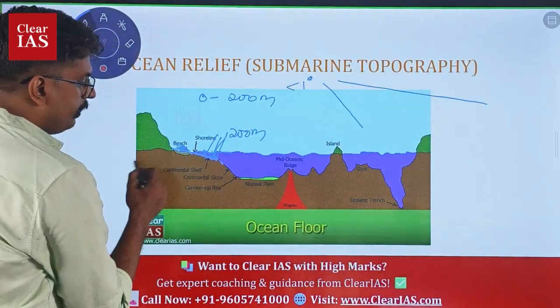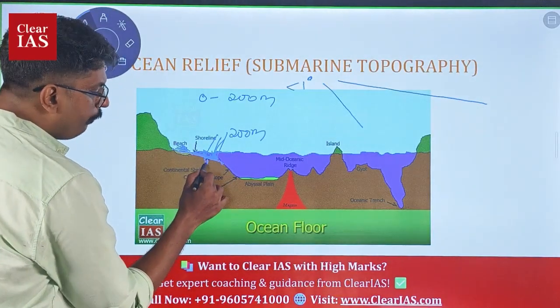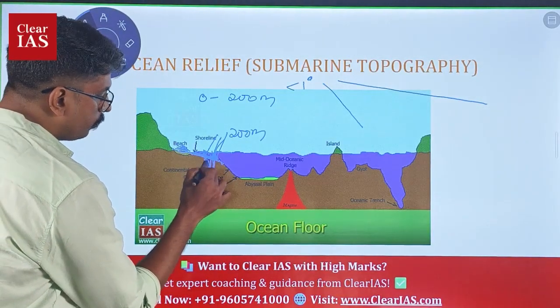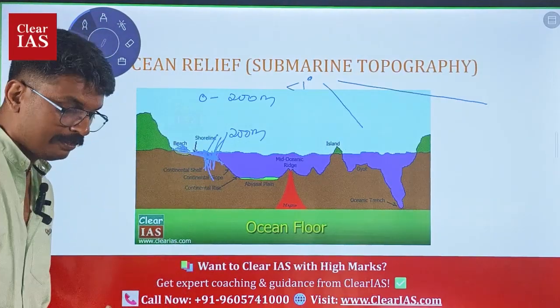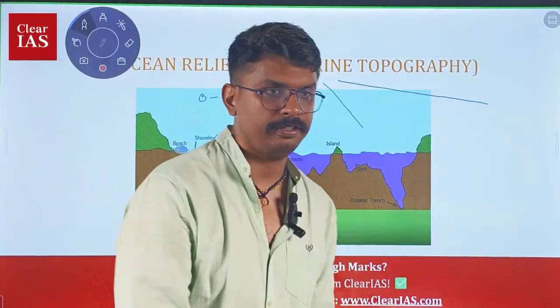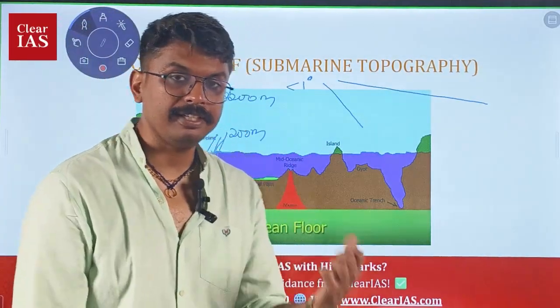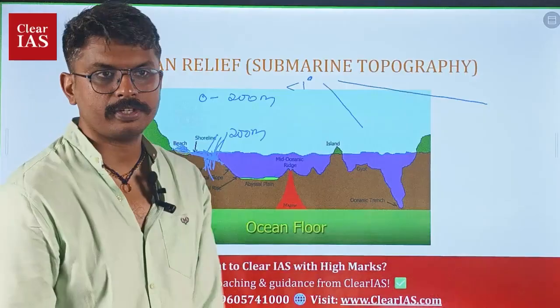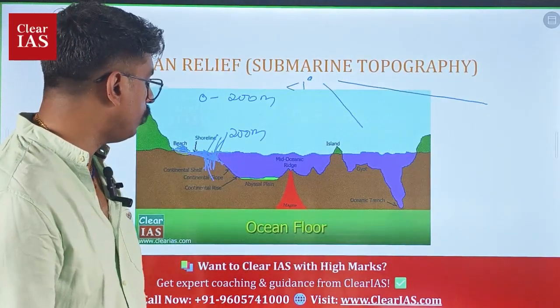And these are the regions that had forest before, now sunken. So you find oil, petroleum, natural gas. For example, Bombay High. So all these drilling happens in the continental shelf. It is also a source for gravel and sand that we can use for construction. So these are the important points about the continental shelf.